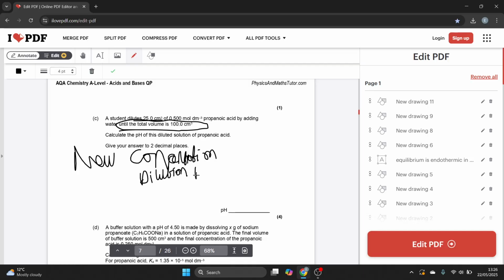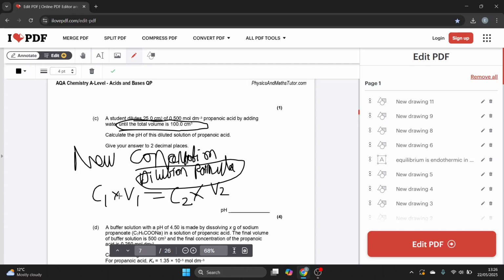What I can use is the dilution formula. It's very simple. There are other formulas, but this one is very simple: C1 times V1 equals C2 times V2. I want to work out C2, the concentration.